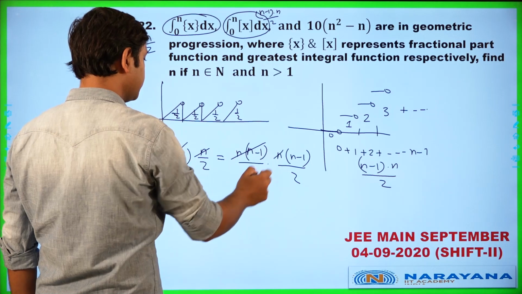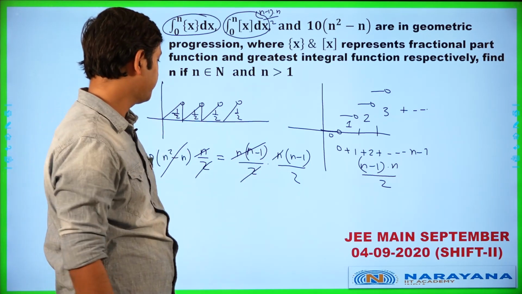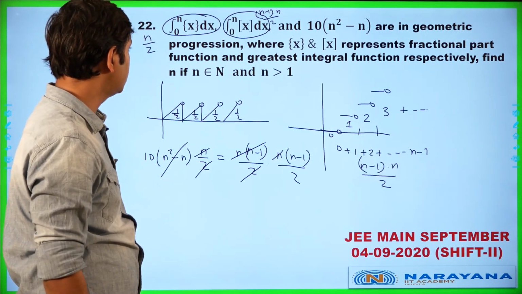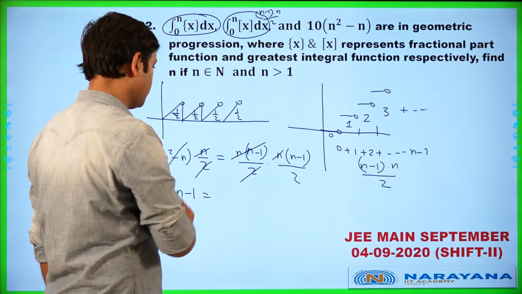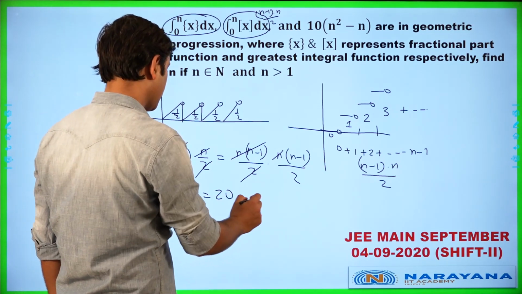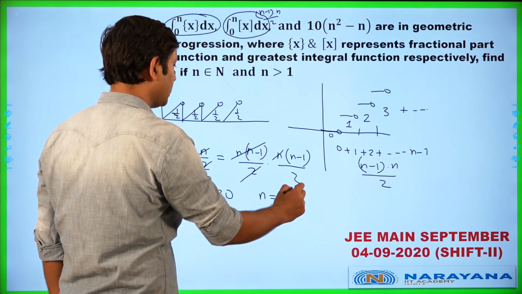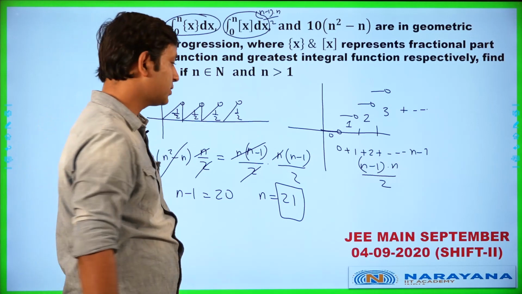Cancelling the terms, we have n minus 1 is equal to 20, or n is equal to 21. We'll mark that and we'll move on to the next question.